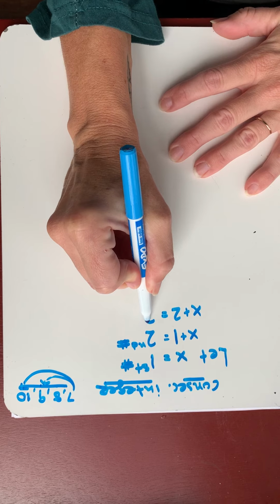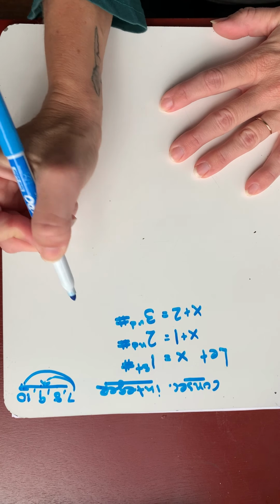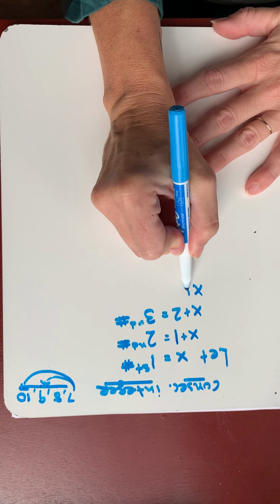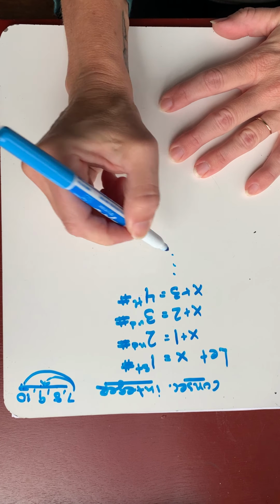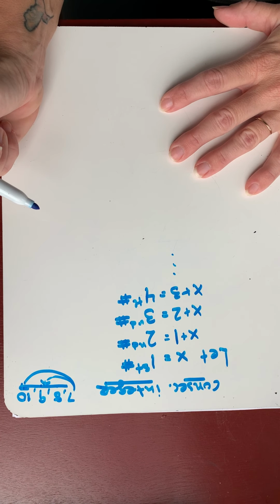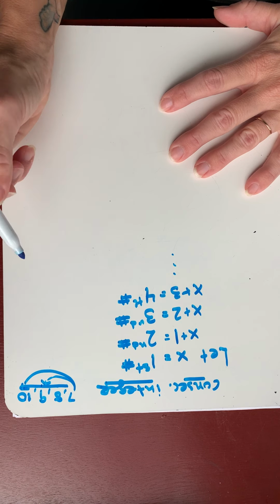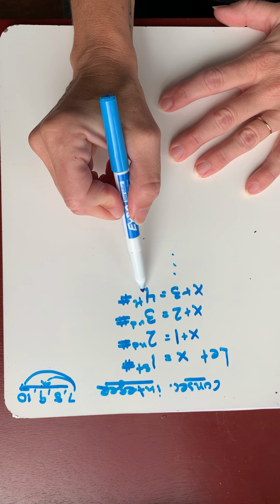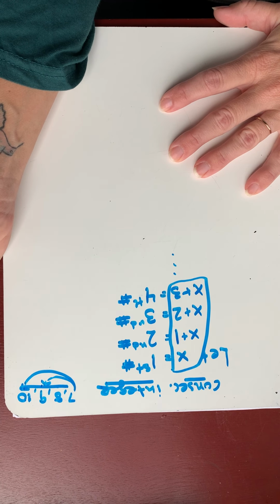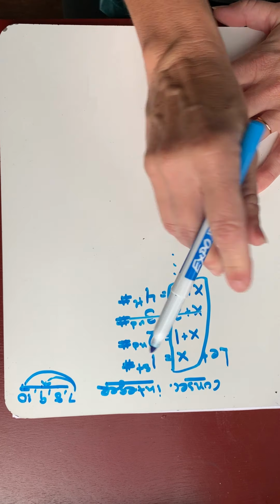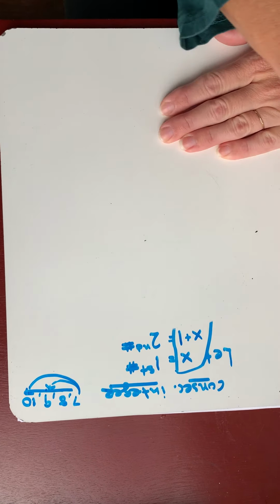X plus 2 is the expression for the third number. X plus 3 is the expression for the fourth number, and so on, depending on how many numbers the problem asks me for. If the problem asks for 4 consecutive integers, I'm going to use all 4 of these. If it asks for only 2, I just need the first 2.